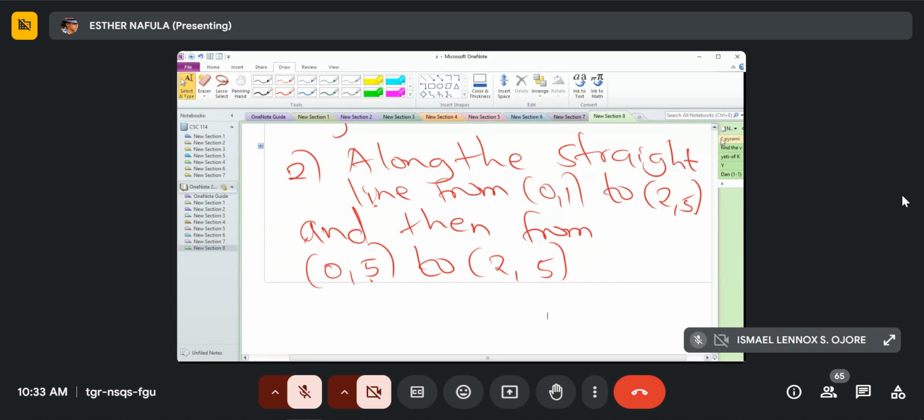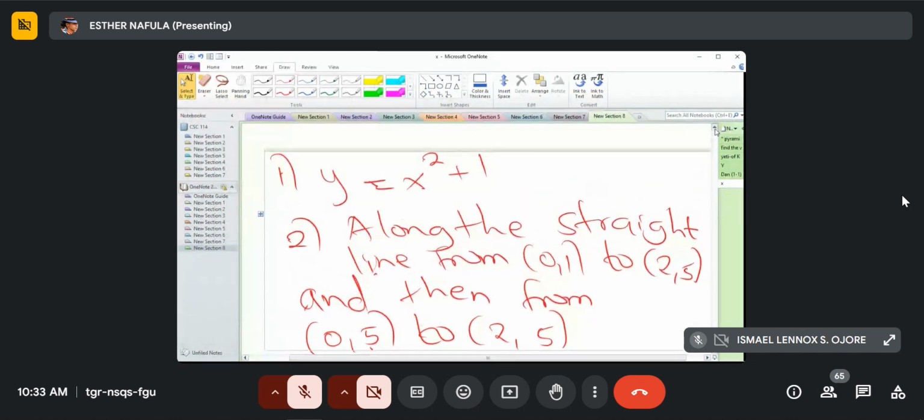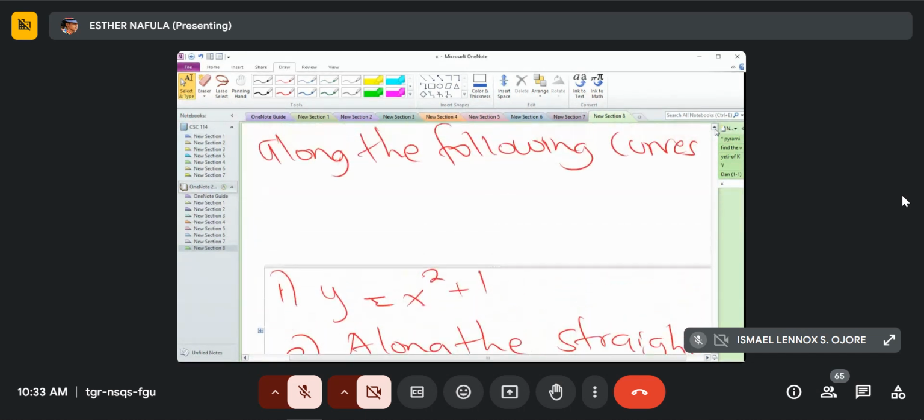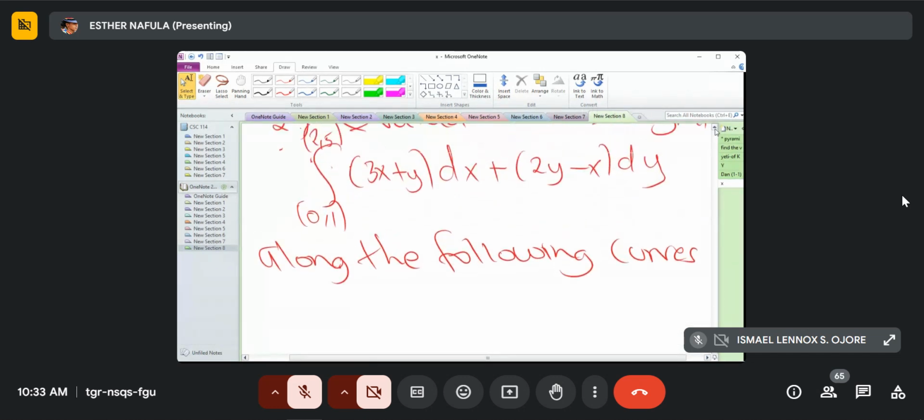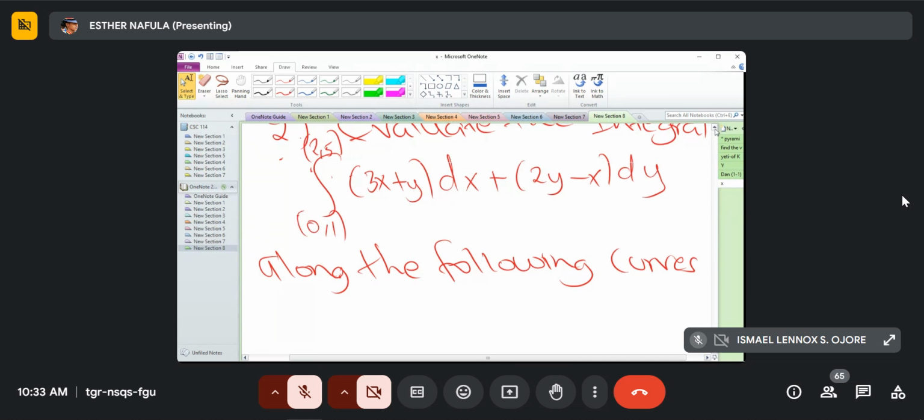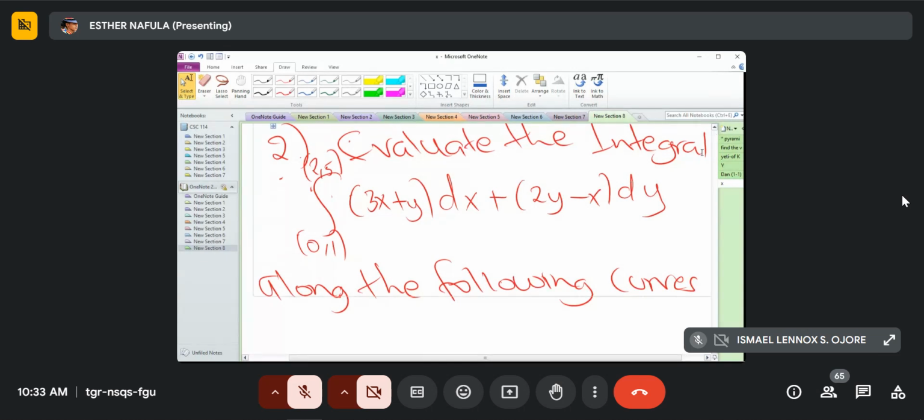So this integral simply means, let me see. Evaluate this integral from (0, 1) to (2, 5). It's just a straight line. Do a sketch from the point (0, 1) to (2, 5). So the x values are between 0 and 2, the y values are between 1 and 5. But you will decide what to use accordingly because you are guided.